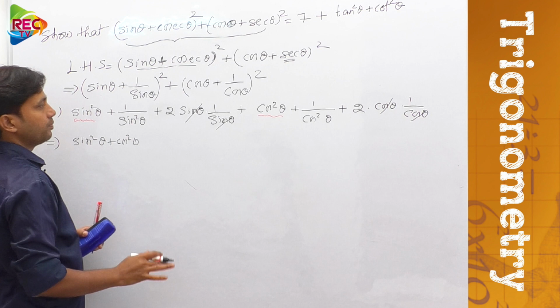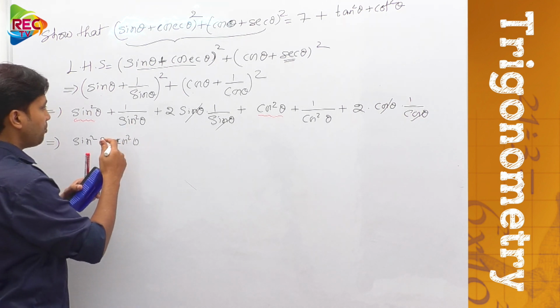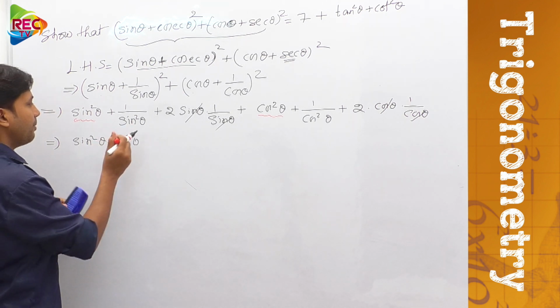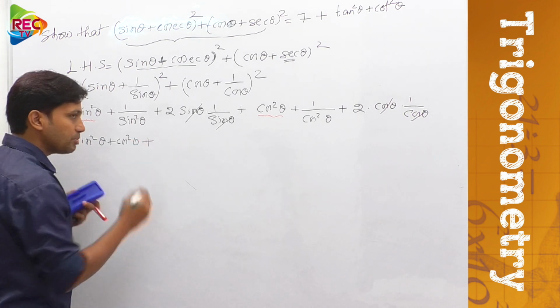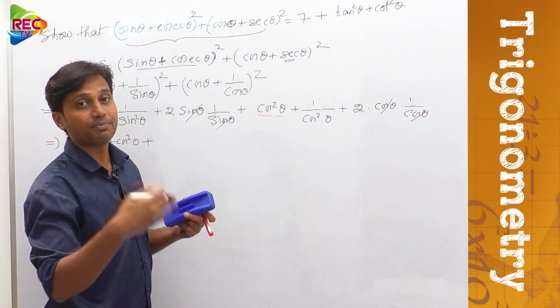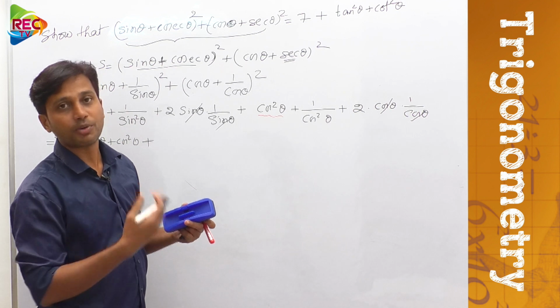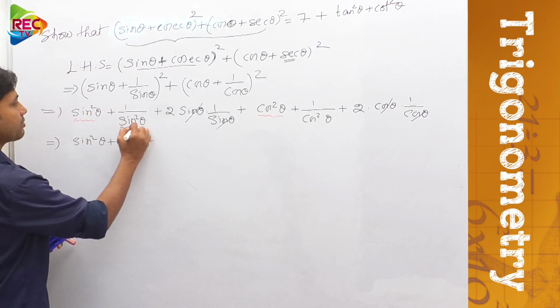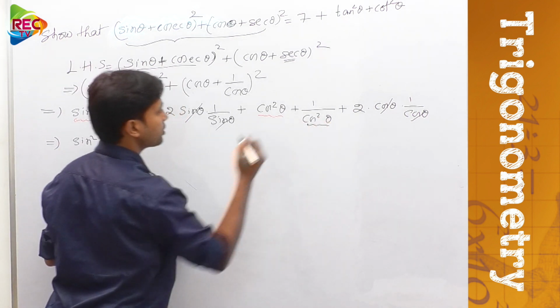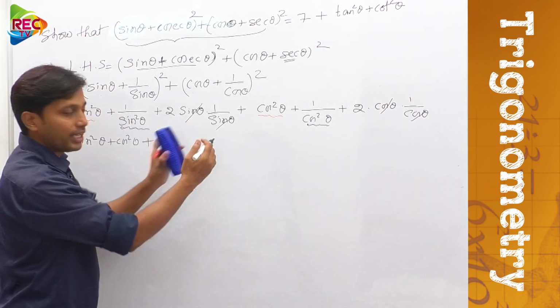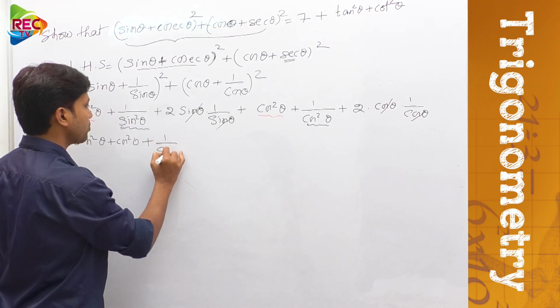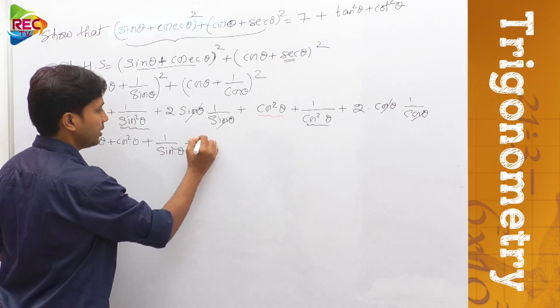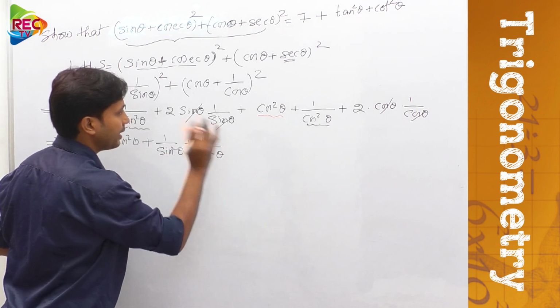Okay, now just put the reciprocal terms together. I mean we are rearranging the terms for our convenience so that it becomes easy for you to solve the problem. This is 1 by sin square theta and this is 1 by cos square theta. Let us arrange them together. So 1 by sin square theta, and 1 by cos square theta, right?